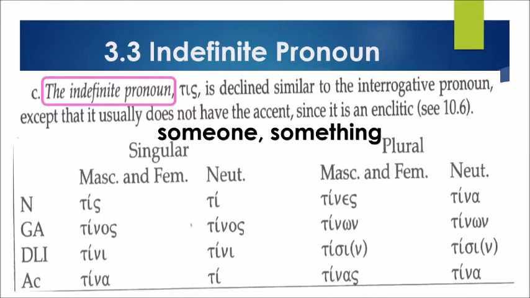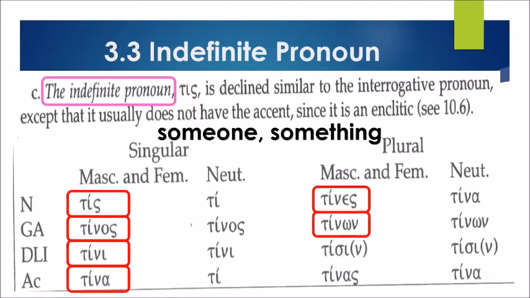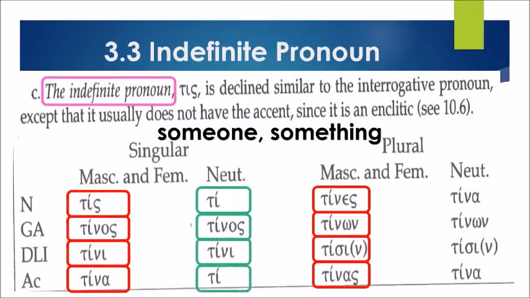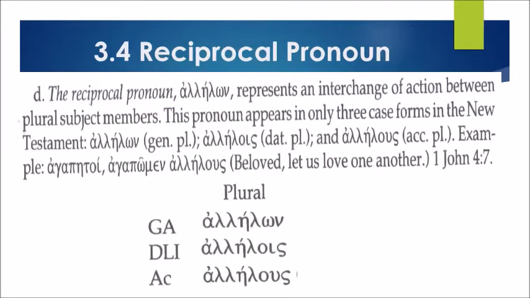Let's start. Tis, tinos, tini, tina; tines, tinon, tisi, tinas. The neuter: ti, tinos, tini, ti; tina, tinon, tisi, tina. Very good. So it means someone or something.